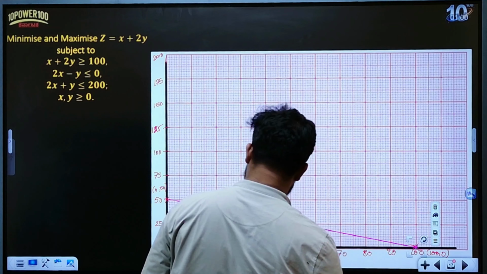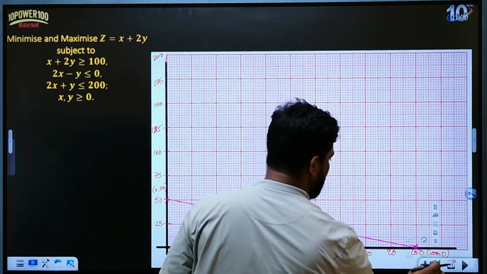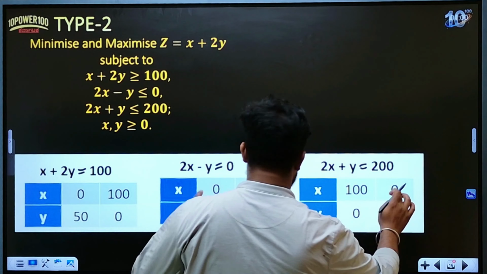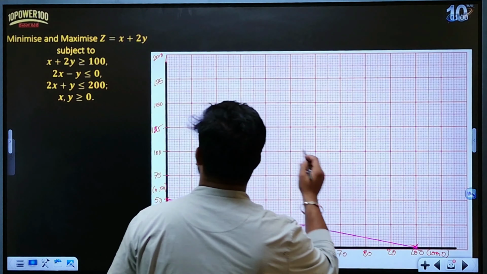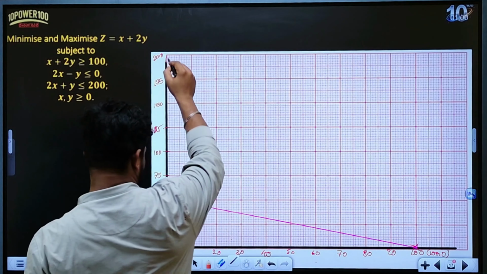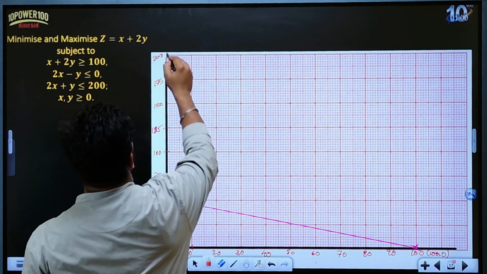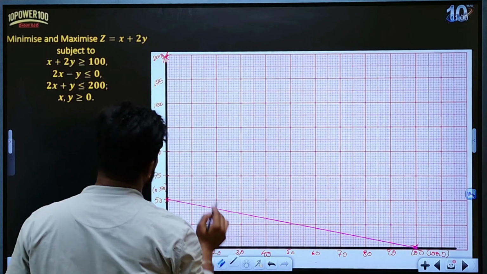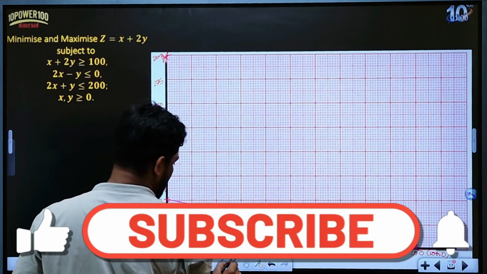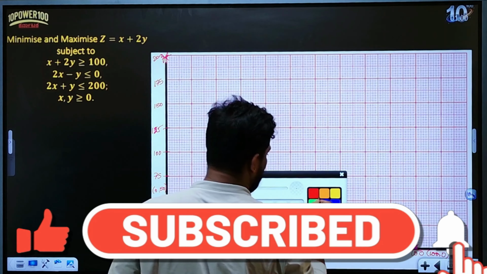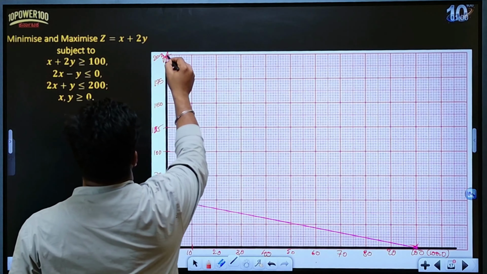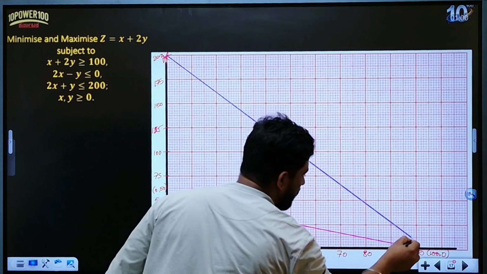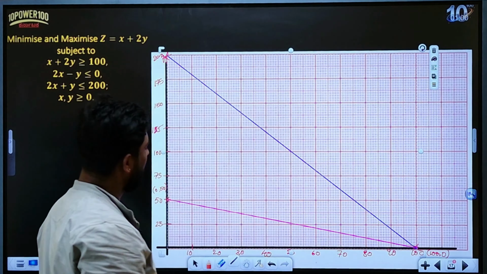So same point we are going to take. And the other one, when x is 0, y is 200. So this point, and from here to here we have to mark in a different color. I'm going to take blue color, from this point to this point. So now 2 lines we have got.